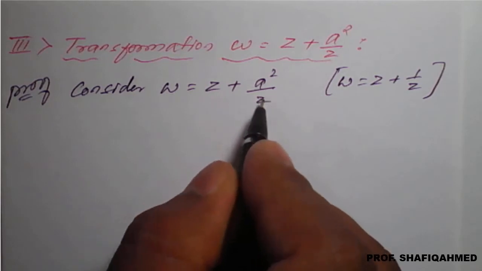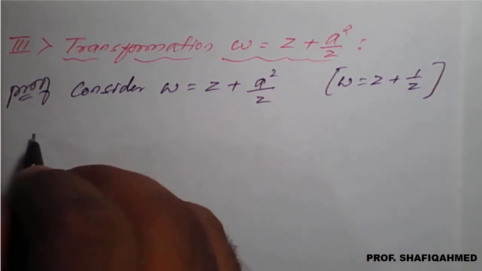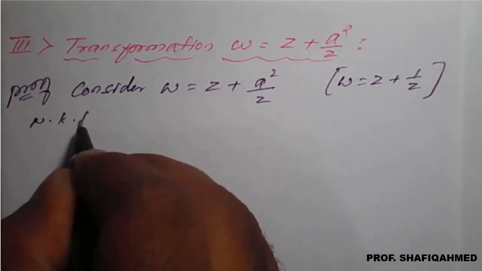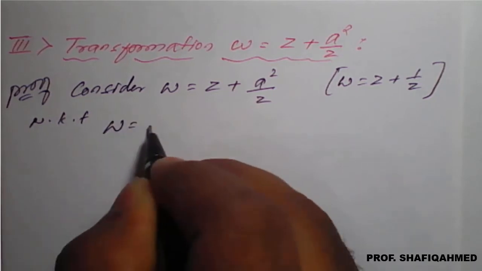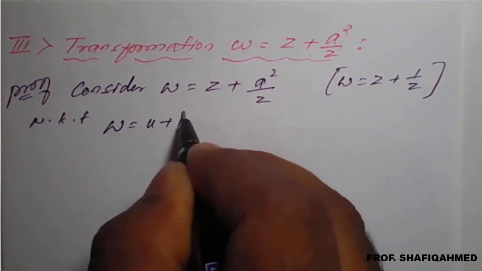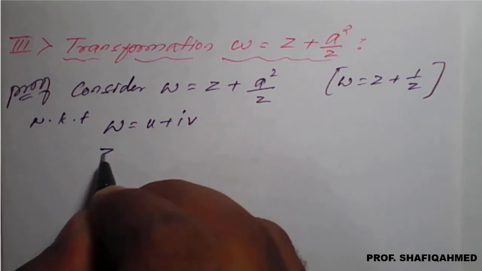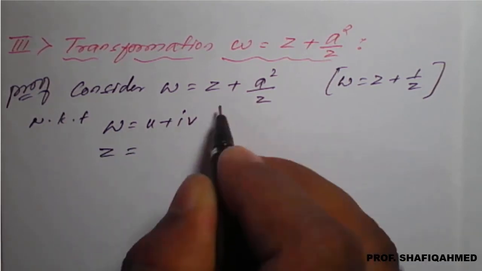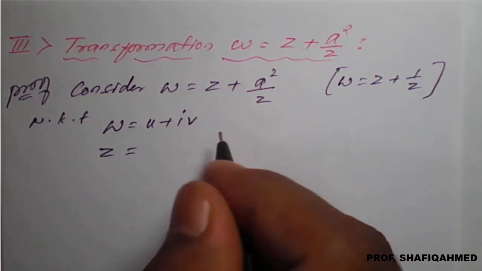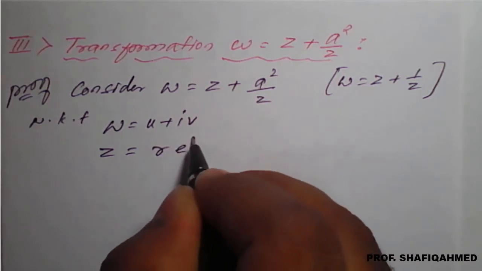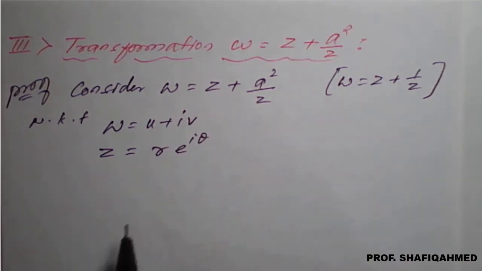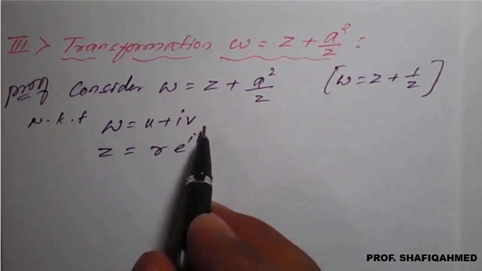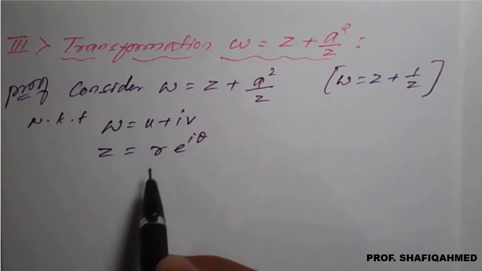Now, to simplify this, we know that w is nothing but u + iv, and for simplification we substitute z as r e^(iθ). So w as u + iv and z as r e^(iθ).